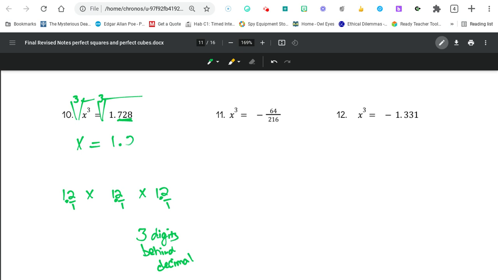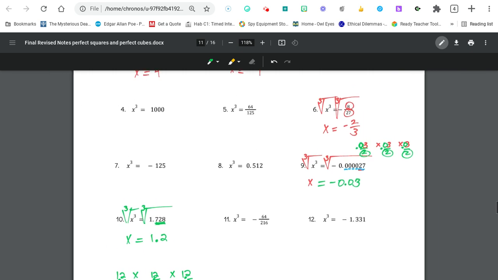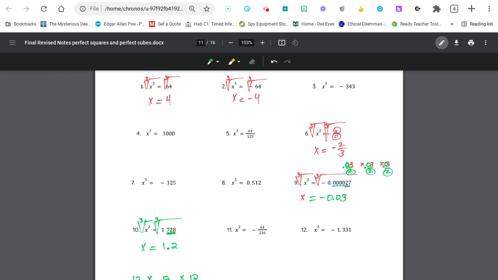So I know my answer has to be 1 and 2/10. You just keep trying your placement of your decimal until you end up with the same amount of digits behind your decimal as you do in the original problem. Like in this problem, there's 3 numbers behind the decimal. Are you going to pause the video and try the ones I did not do?